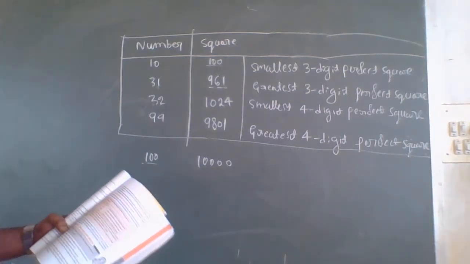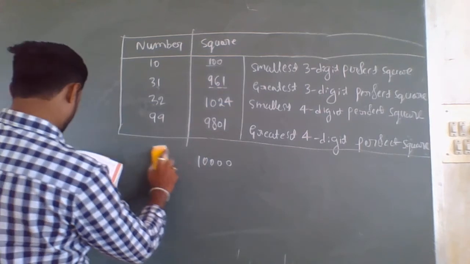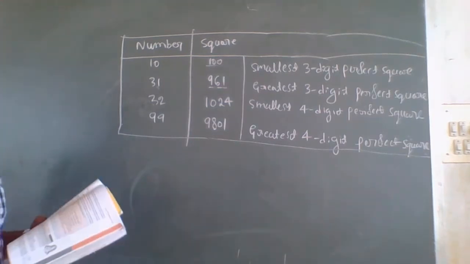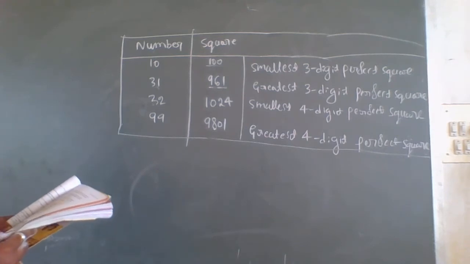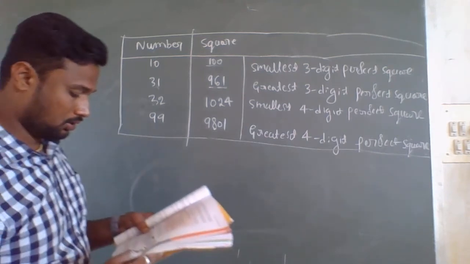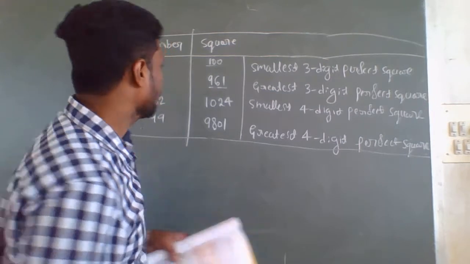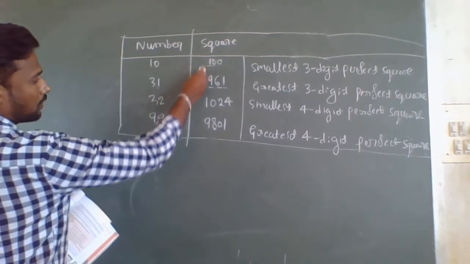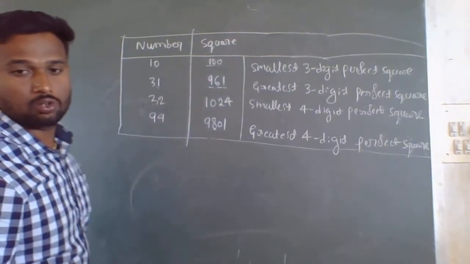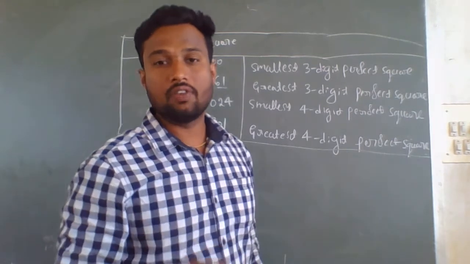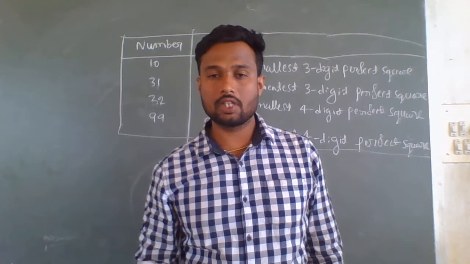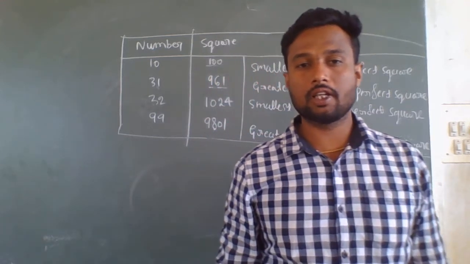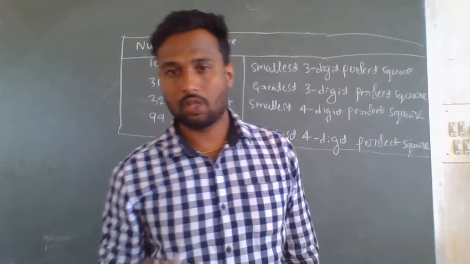So based on this they have given, can we say that if perfect square is of n digit... these are perfect square values. What do you mean by perfect square value? When you multiply the same number 2 times, you will get one product value.